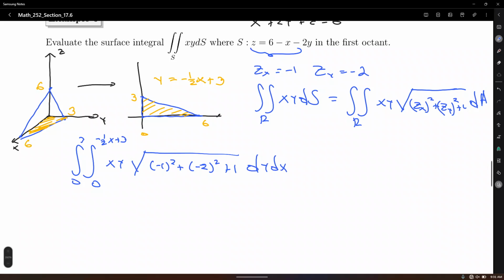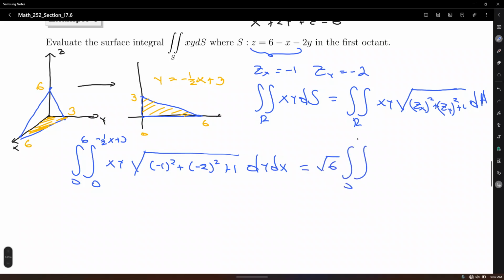Is it from 0 to 3 or 0 to 6? You're right, from 0 to 6. And 1 squared is 1, 2 squared is 4, plus 1 is 6, so that's the square root of 6. Yes, it's the square root of 6.